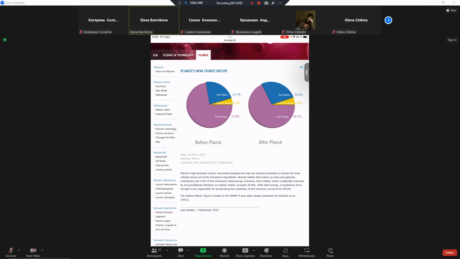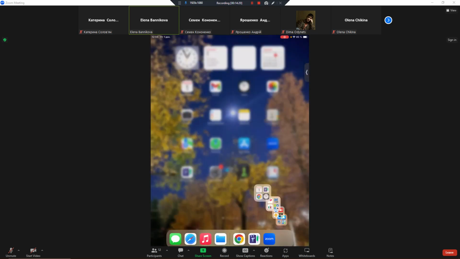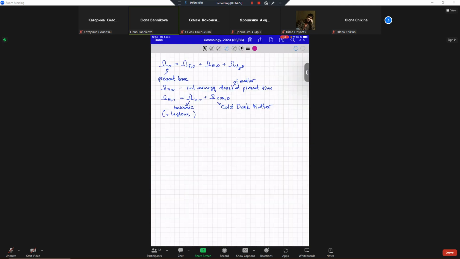What is interesting is dark energy, which is understandable, because let's come back here. About dark energy, we can immediately understand, since omega 0 equals unity for flat space.